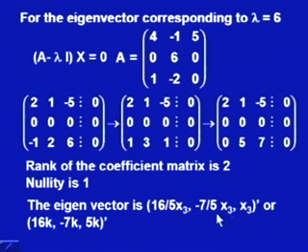That means x, y and z are written in terms of the component x3, or let us say x3 is equal to k, then this can be written in the form (16k, minus 7k, 5k). So this vector is an eigenvector corresponding to eigenvalue lambda is equal to 6. So we have 3 different eigenvalues in this example, and we have obtained 3 different eigenvectors.